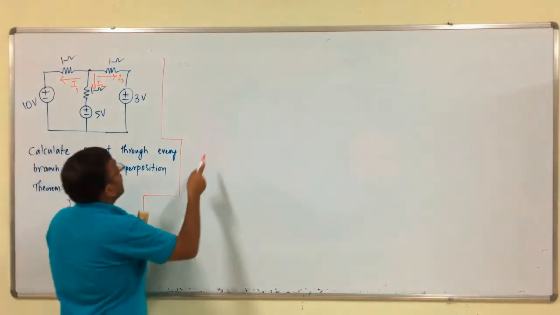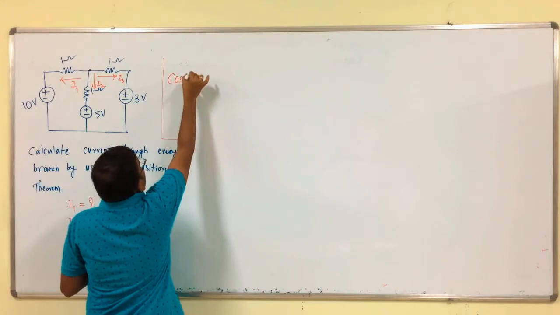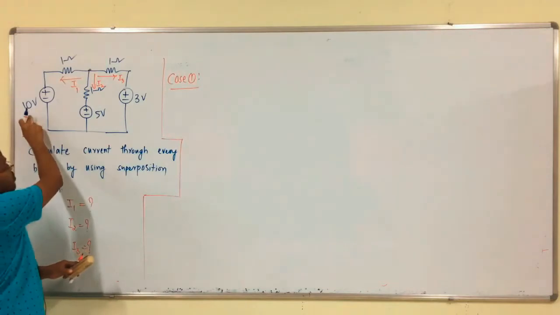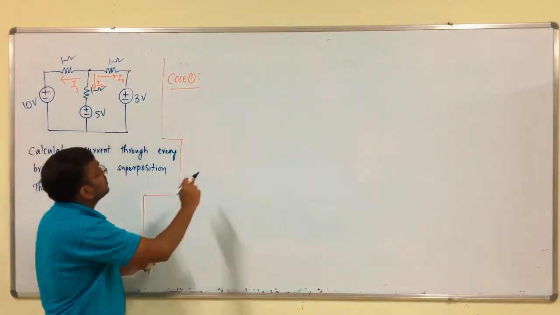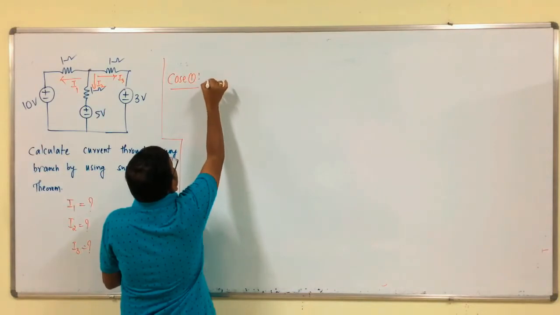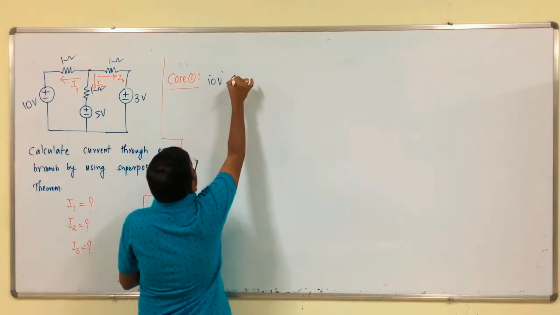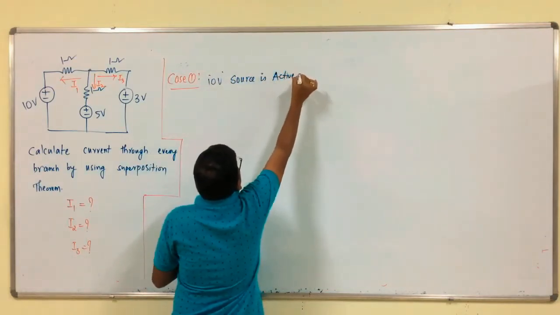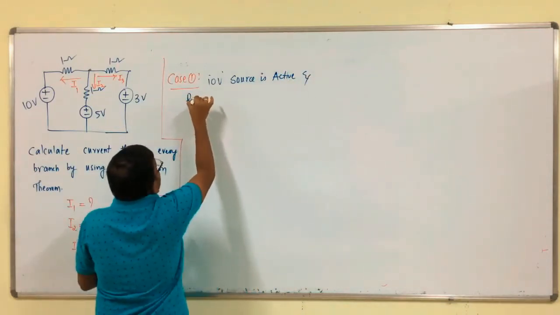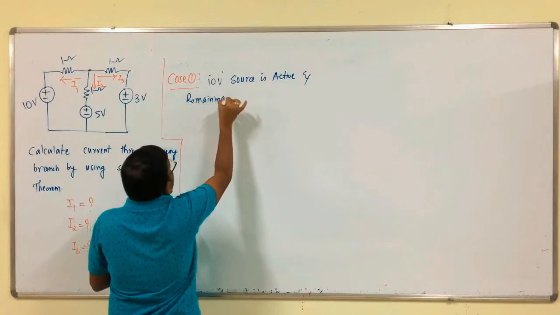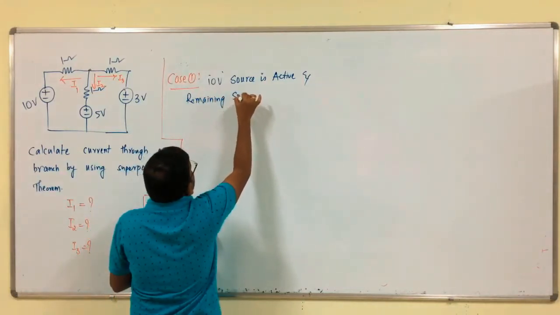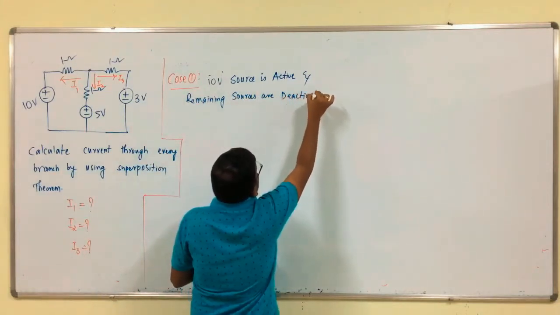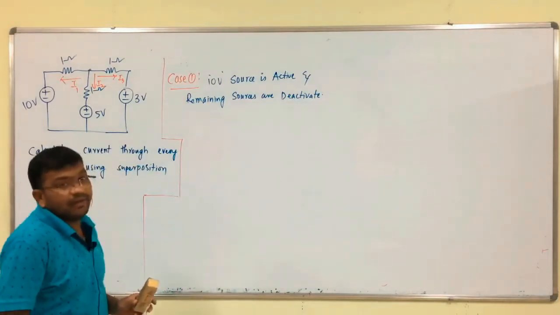Case 1. First, we have to start with case 1. In case 1, we have a 10 volt source, a 5 volt source and a 3 volt source. The 10 volt source is active and the remaining sources are deactivated.